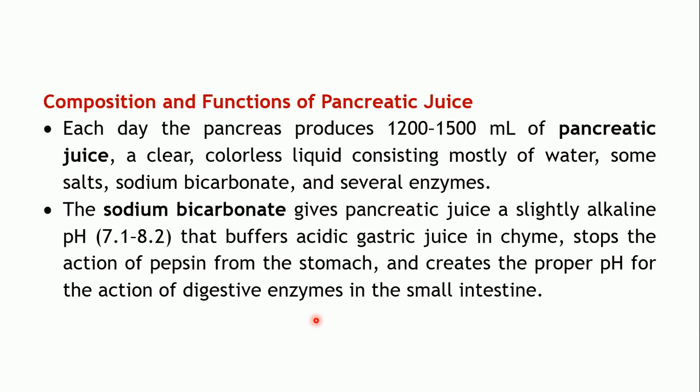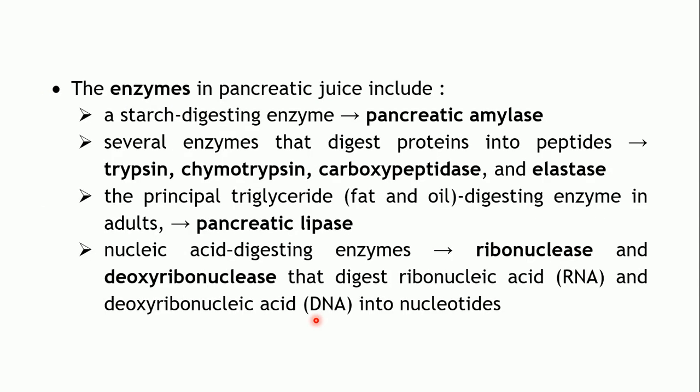Now, apart from this, the pancreatic juice mainly comprises several types of enzymes. A number of types of food can be digested by the small intestine because of the presence of these different enzymes. Say there is a starch digesting enzyme called pancreatic amylase.